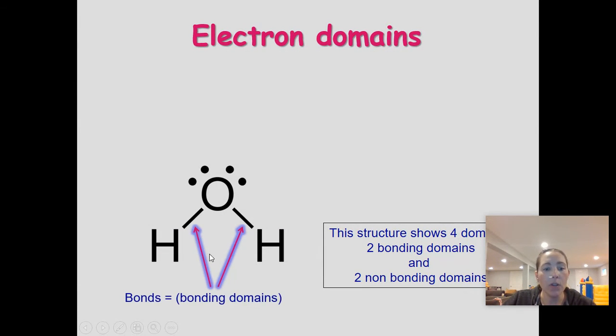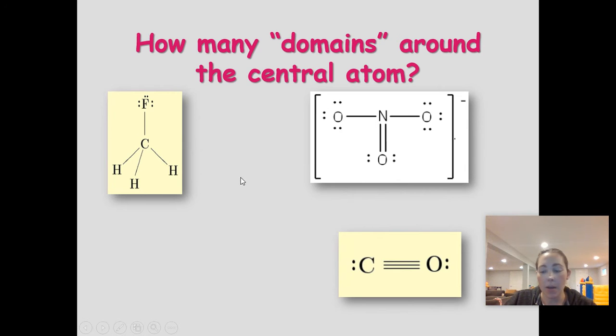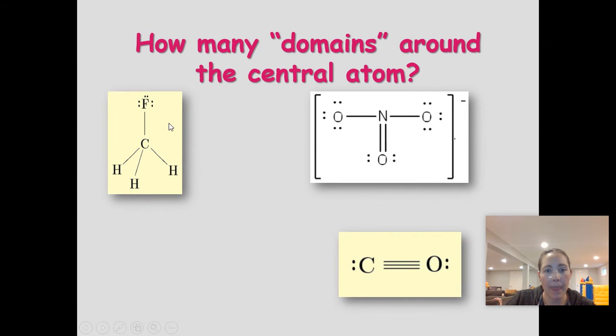Okay, so first we have here for water, we've got two lone pairs, so two non-bonding domains, and we have two bonding domains. So in total, we have 4 electron domains, 1, 2, 3, and 4. And of those, 2 are non-bonding and 2 are bonding, okay? This is called a bent structure, and I'm pretty sure that's later on.